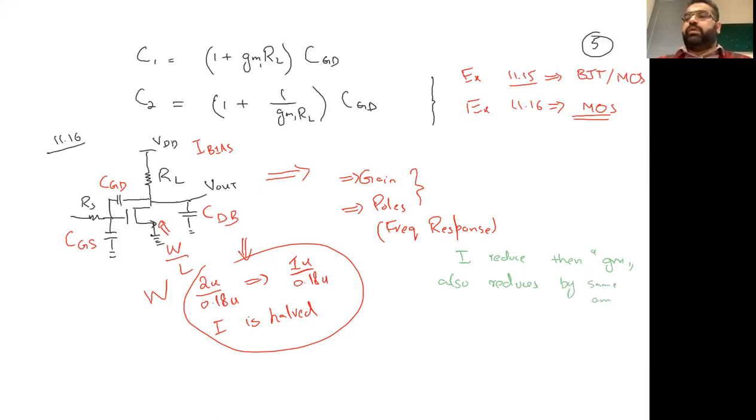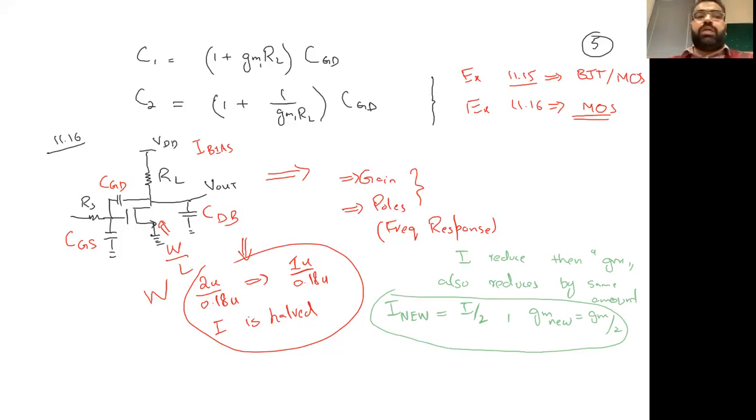If I new is equal to I by 2, then GM new will also be equal to GM by 2. You can directly see the relation, and if other things remain constant, the transconductance goes down.